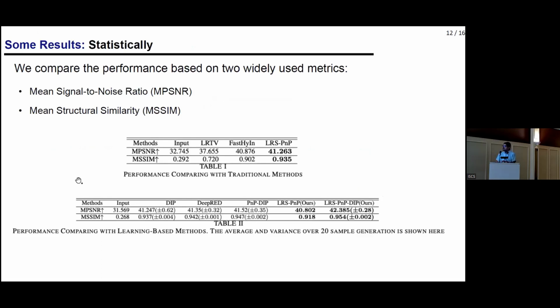So we selected two metrics. One of them is the mean PSNR. The other one is SSIM, averaged over the images. So I will show you how it compares with some conventional, not learning-based techniques. It improves the performance by, let's say, 4 dB if you are fully exploiting PnP. And when we compare with DIP, very similar to self-supervised, we have one particular scene.